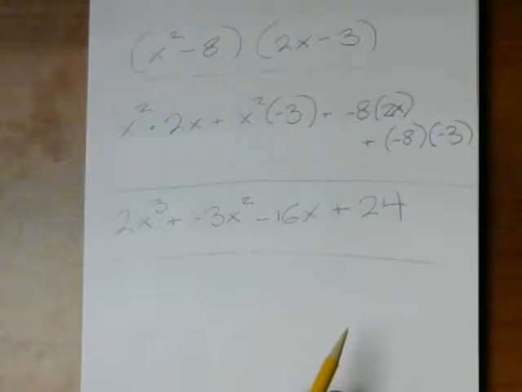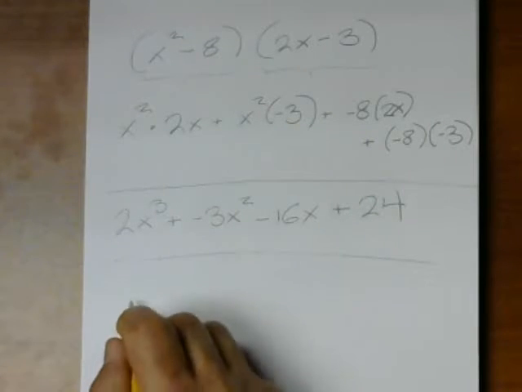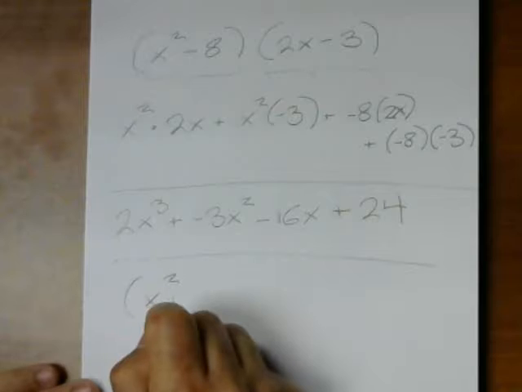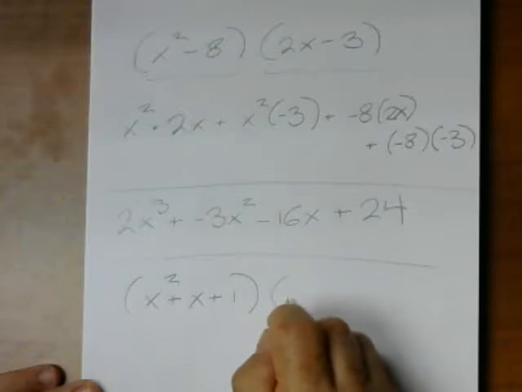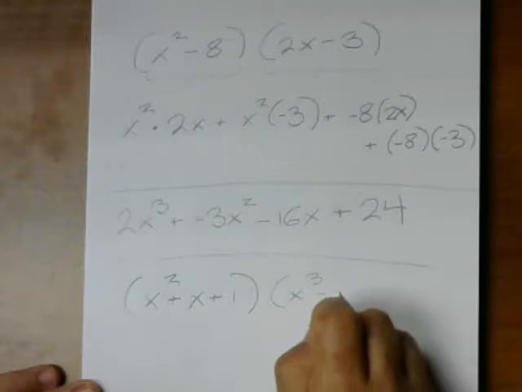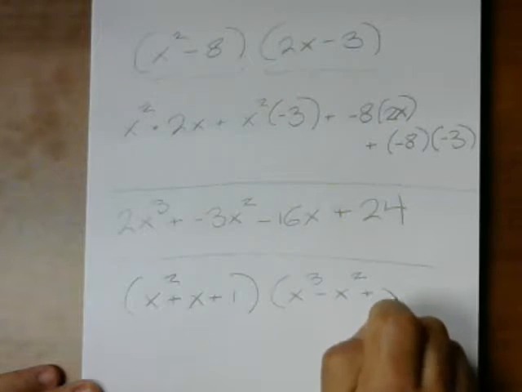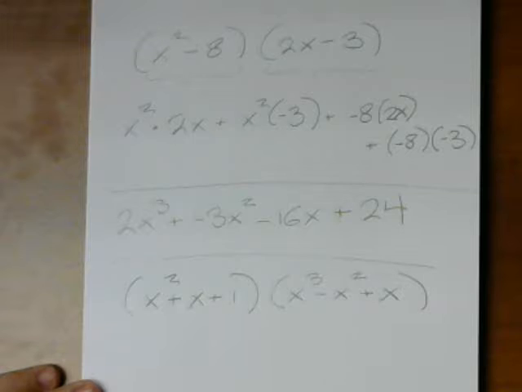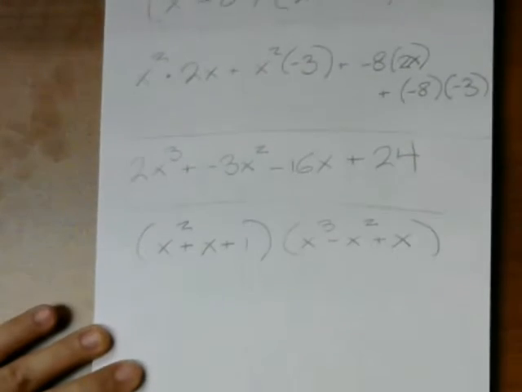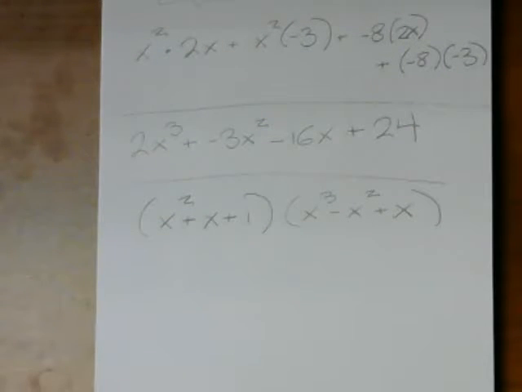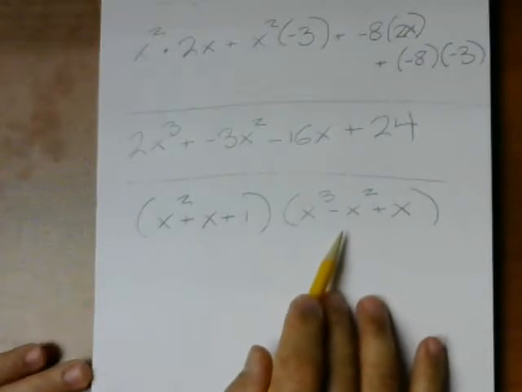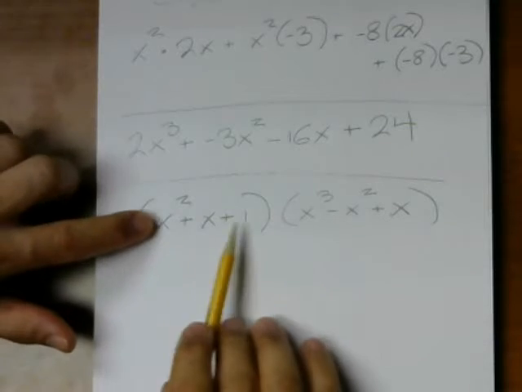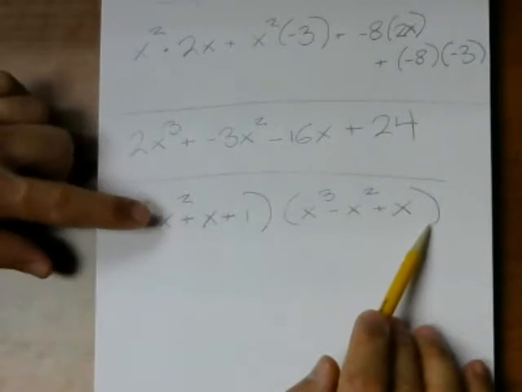Obviously, it might get more confusing if I wanted to multiply some trinomials. Then I might have, say, let's do one with simple coefficients. We'll make those 1, and we'll make these x cubed minus x squared plus x. Well, now, I could do what I did last time and remember to multiply each of these with each of these. So I have to multiply this times 3 things, this times 3 things, this times 3 things.